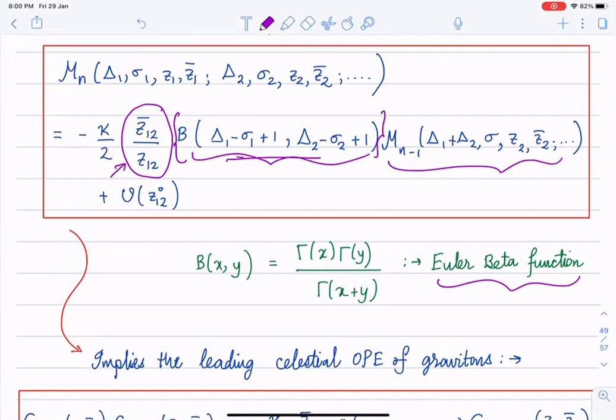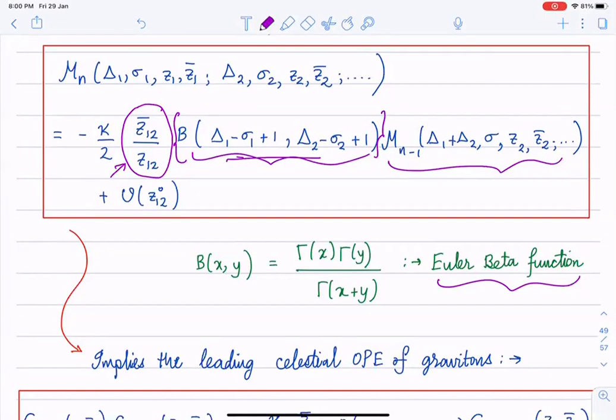Notice that this factorization does not care about what the other particles in the amplitude were. The only objects relevant for this factorization are the data of the particles whose momenta I have been taking collinear.